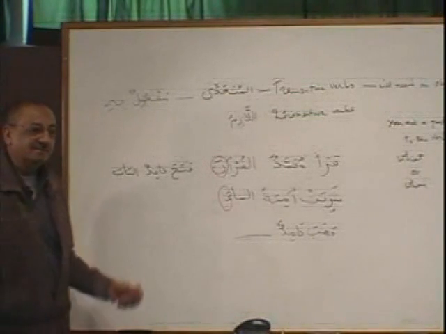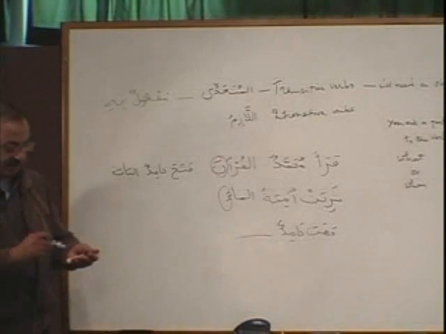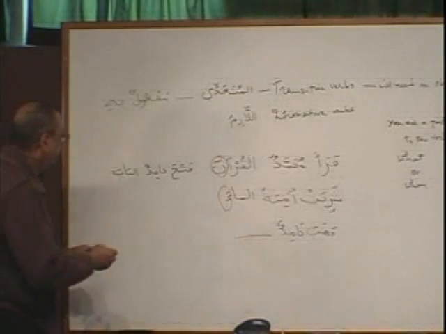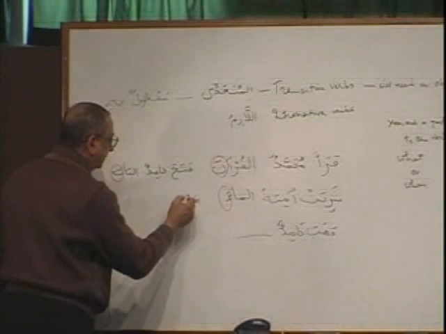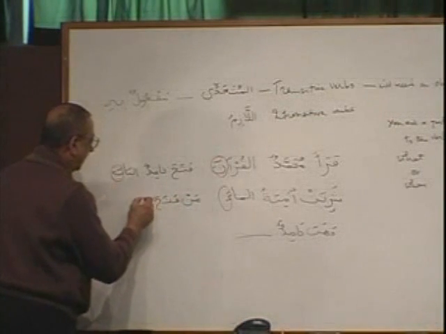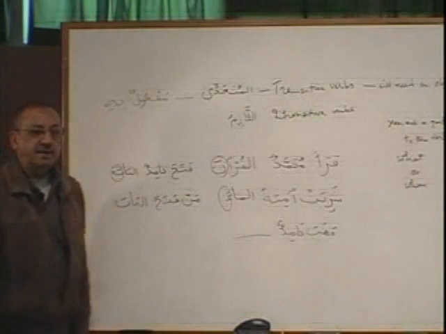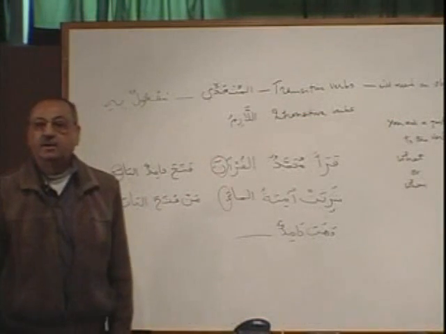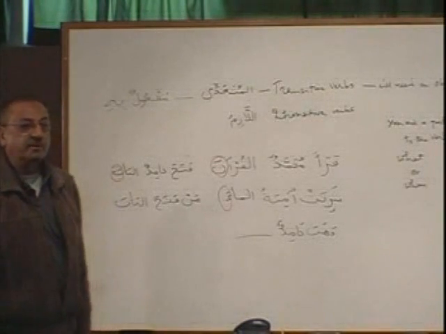Opened what? The door. So this is your maf'ulun bihi. Sahi? If I tell you, Man fataha al-baba. Who opened the door? Are you with me? Who opened the door?